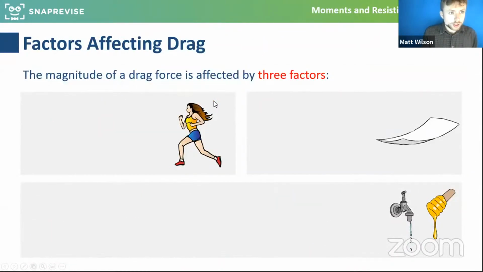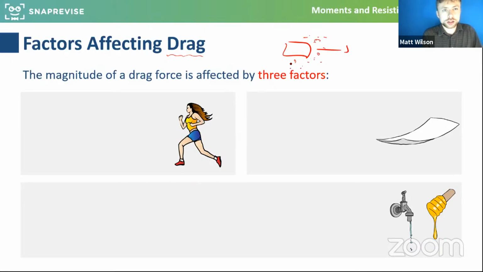So let's look at some of the factors affecting drag. It's quite an important force. It's always there if you're trying to consider how best to engineer, for example, things like vehicles. You often want to reduce drag as much as possible. So let's have a little think. What are the factors that affect the size of a drag force? Remember, drag is caused by bumping into the object that's trying to move. It's bumping into lots of air particles.